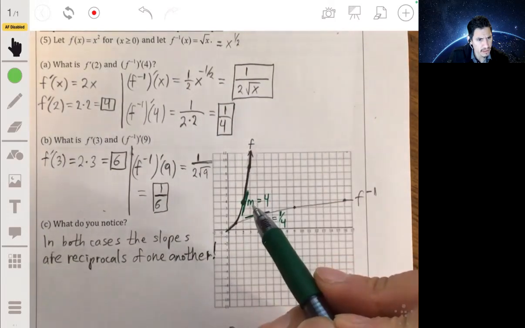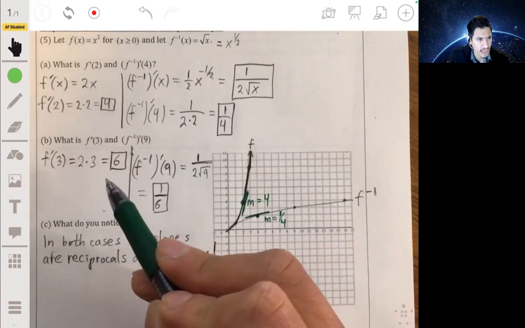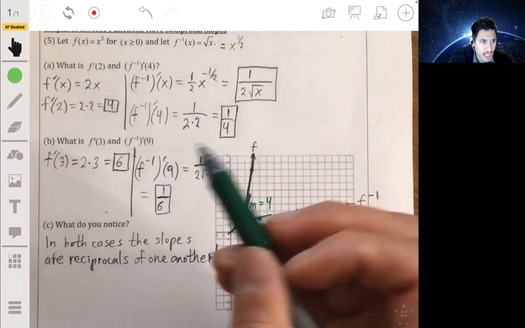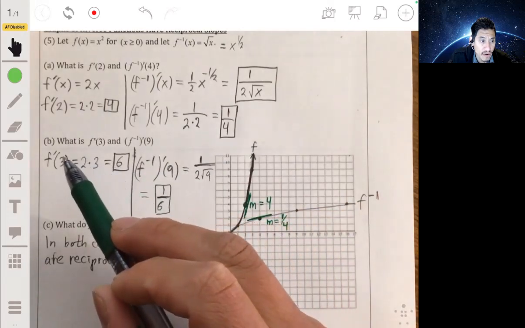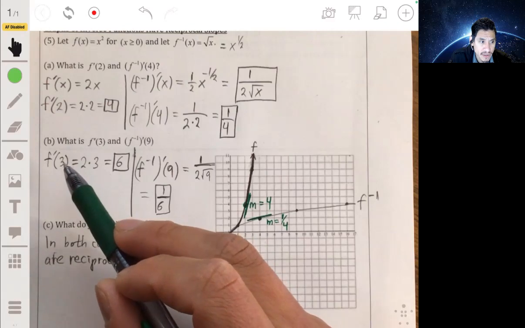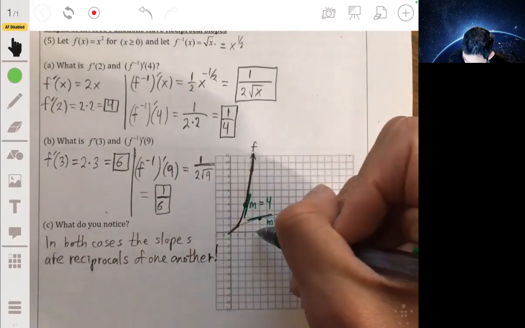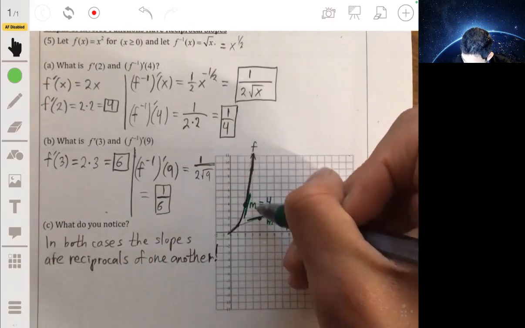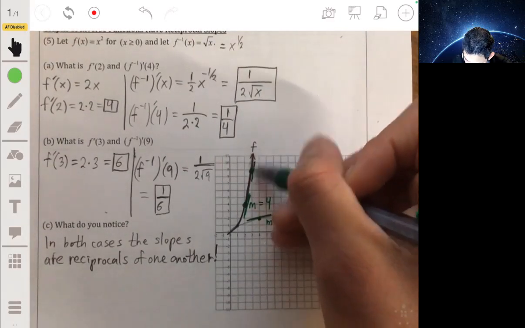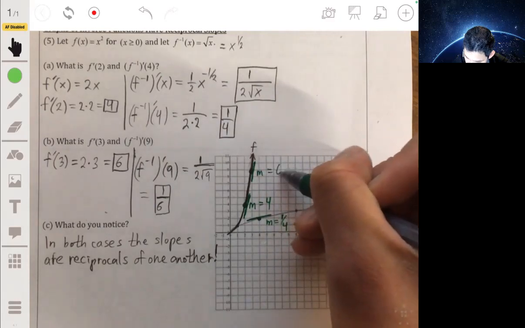Okay, so these are slopes, but let's look at this other one now just to see exactly how the points relate. The slope of the tangent line of f when x is 3 is 6. So the slope of the tangent line at this point here is 6.